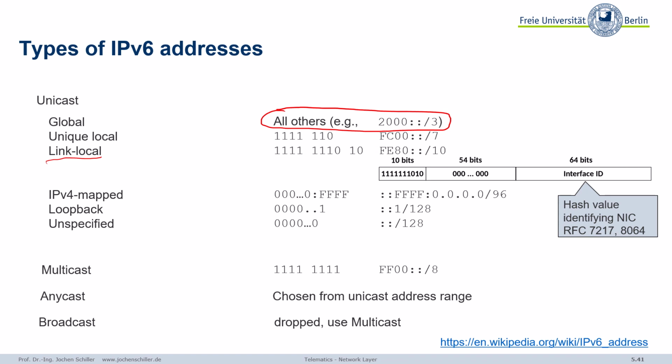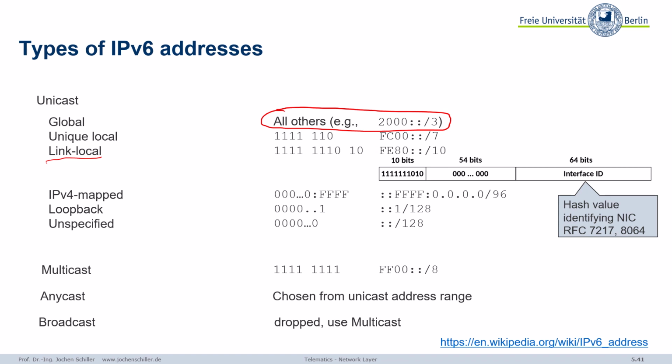Why is this useful? After power up, an IPv6 host immediately has a valid IPv6 address, which is this link local address, and can then already use layer 3 protocols. And as we will learn, IPv4 hosts cannot. They do not know their IP address.